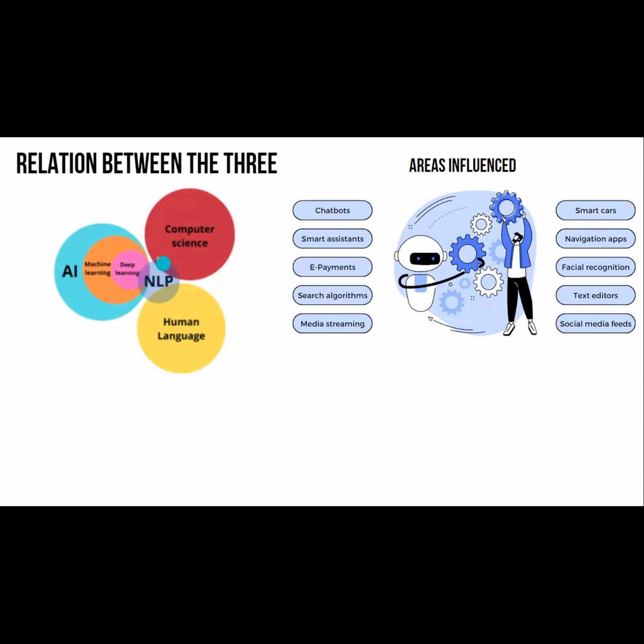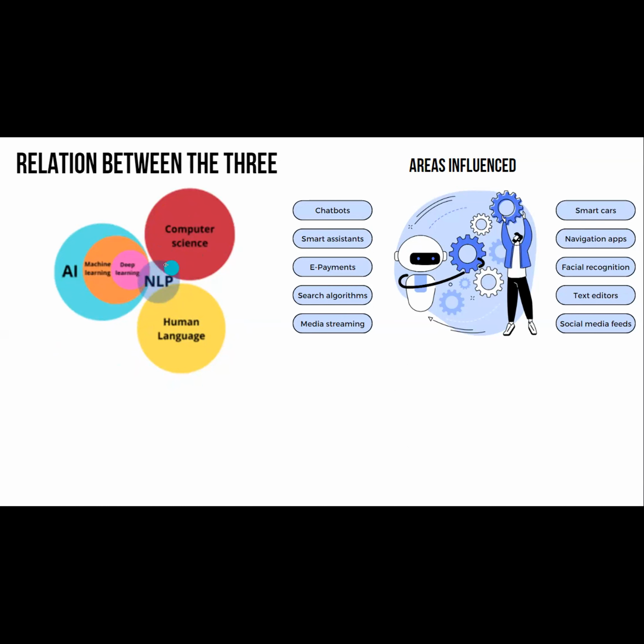NLP cannot be a single ML algorithm or AI algorithm. It has to consider human language as the major part. So when these three supersets combine, we get NLP. There is much more involved in the phases of NLP, but to have an overview, these are the phases involved.